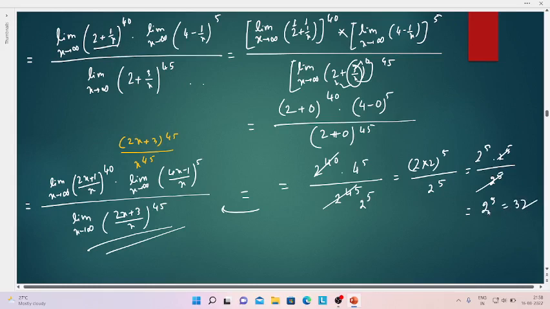Because 2 to the power 5 can be written as 2 times 2 times 2 times 2 times 2, five times the product. So 4 times 2 is 8, 8 times 2 is 16, and 16 times 2 is 32. So the given function has value 32, right?